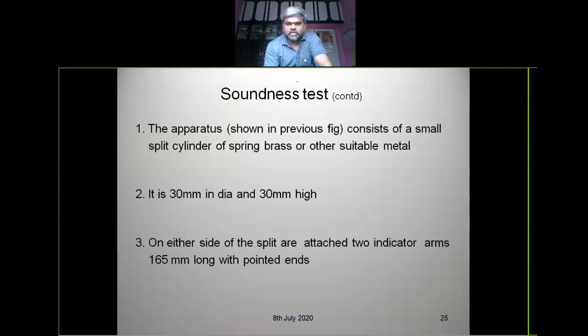The apparatus consists of a small split cylinder of spring brass or other suitable material. It is 30 mm in diameter and 30 mm in height. On either side of the split are attached two indicator arms, 165 millimeters long with pointed ends.